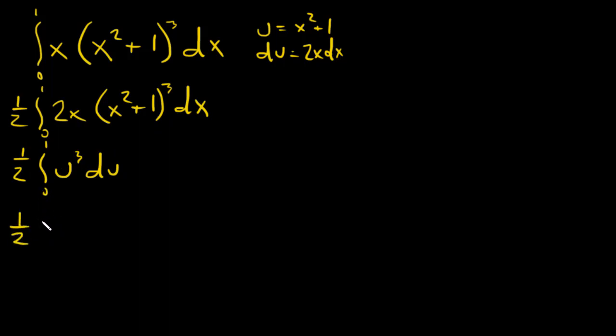1/2 times u to the 4th over 4. And this is eventually going to be evaluated from 0 to 1. But here's the deal. I can't evaluate 0 and 1 because they pertain to x's, not u's.